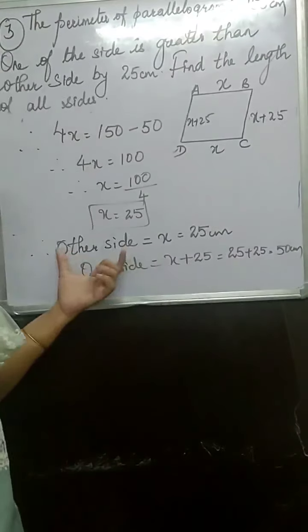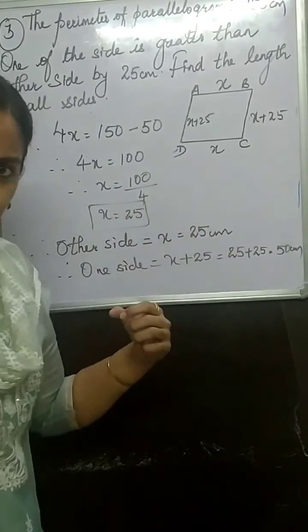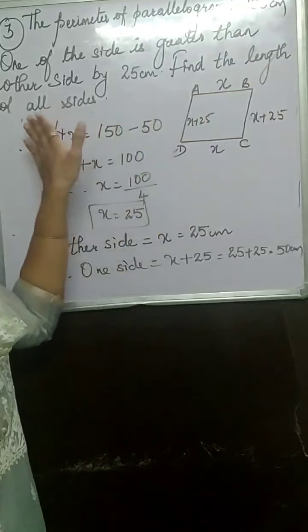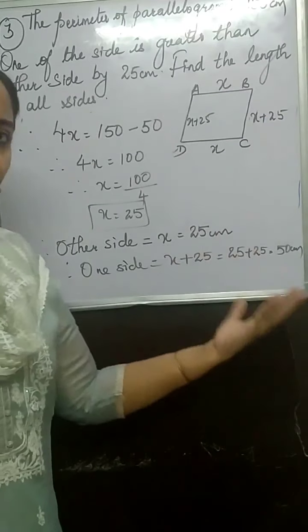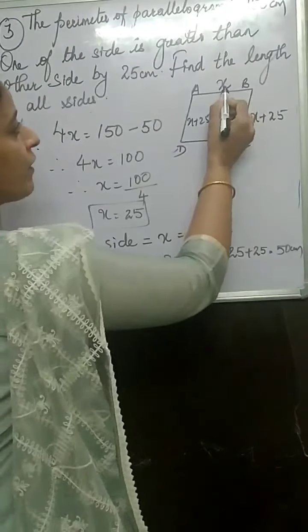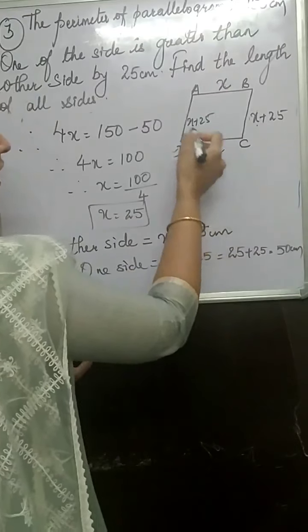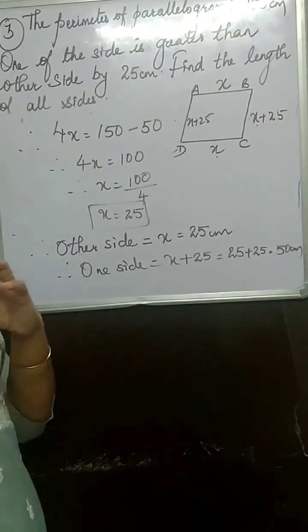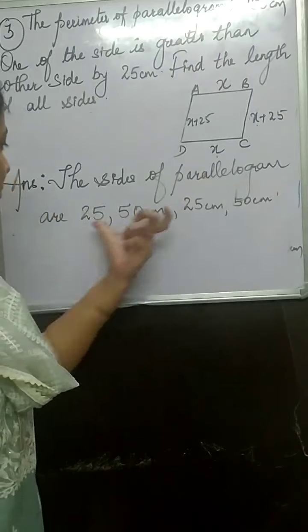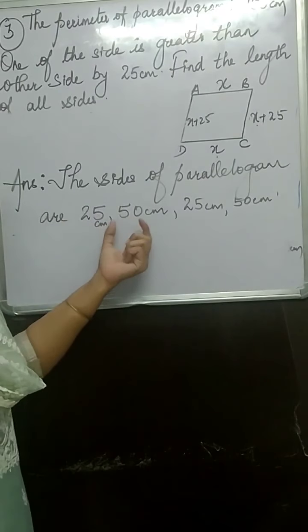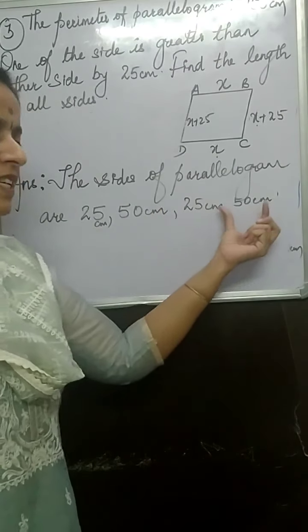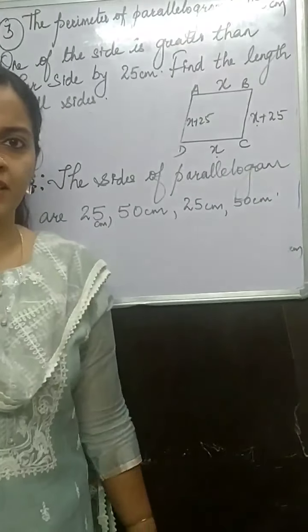The question asks to find the length of all the sides: 25, 50, 25, 50. Final answer: the sides of the parallelogram are 25 centimeter, 50 centimeter, 25 centimeter and 50 centimeter.